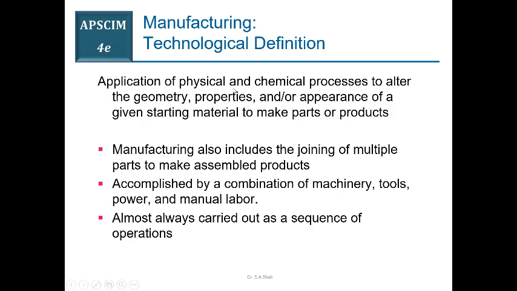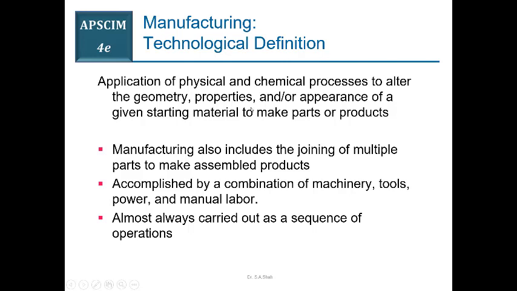So basically, the technology that will be used to transform the raw material from one form to another form is with reference to the technical side of the manufacturing system.